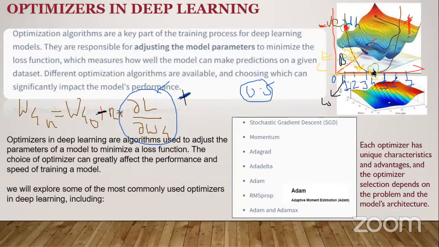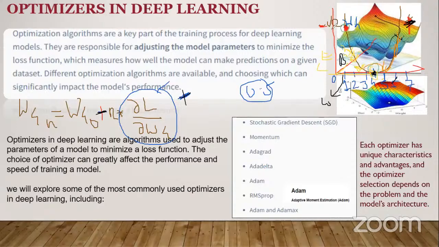So I have to reduce the value because I already reached here. Let's say I started at this point with a positive slope. What I have to do is travel the path this way, down to reach the minima, right?